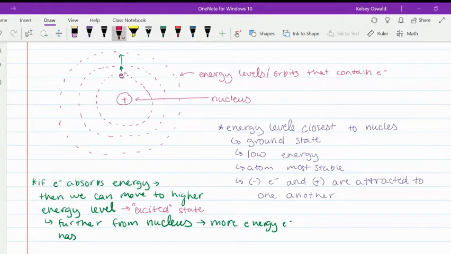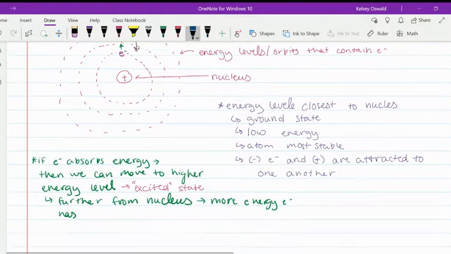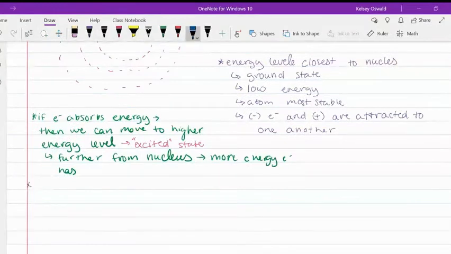When it comes back down to the ground state, or back down to the level closest to that nucleus, our electron is going to release energy.